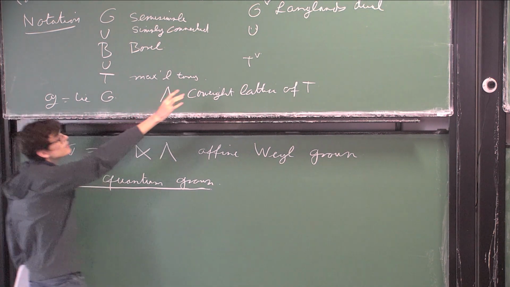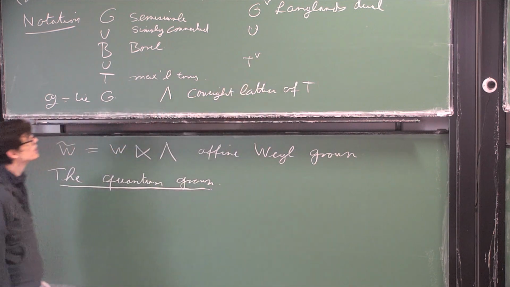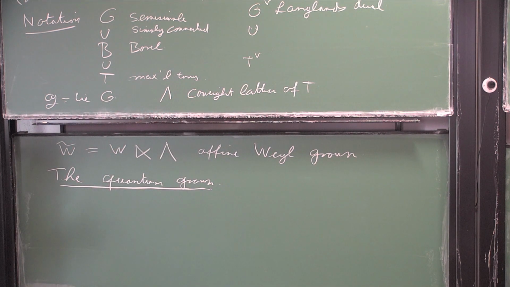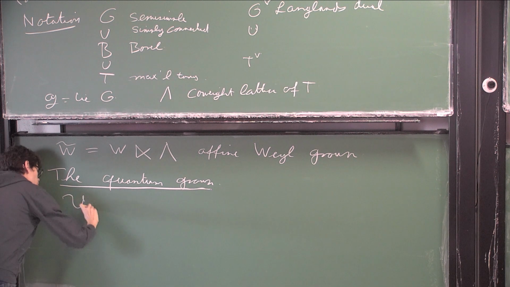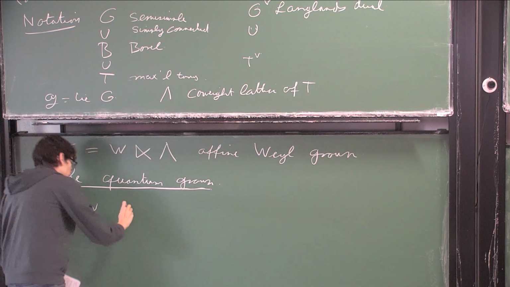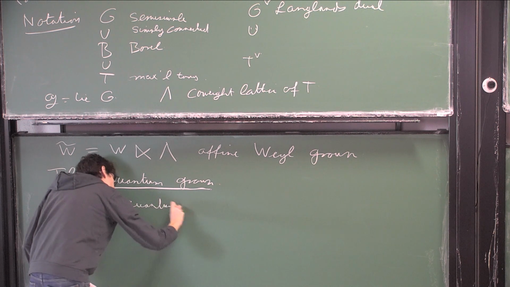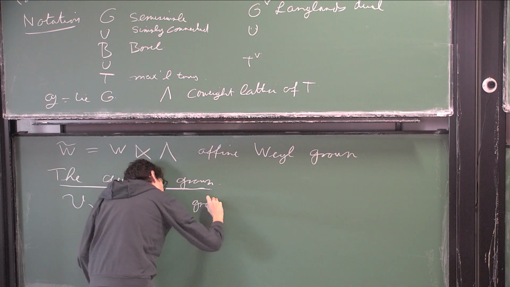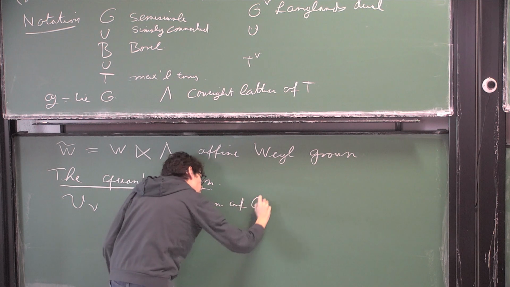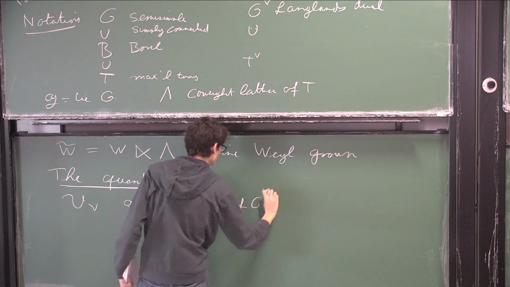So as I said, all the algebra, all the quantum group stuff is going to be on the Langlands dual group. So U nu is going to be the quantum group of the Langlands dual group.